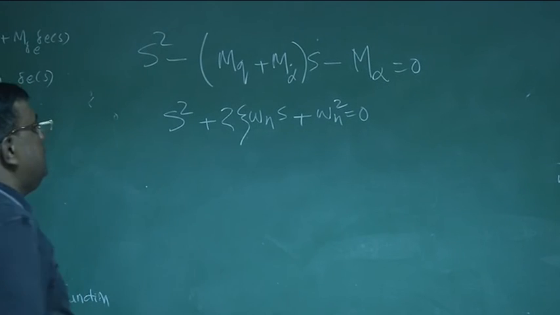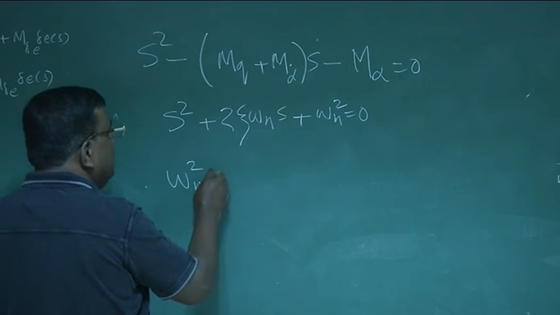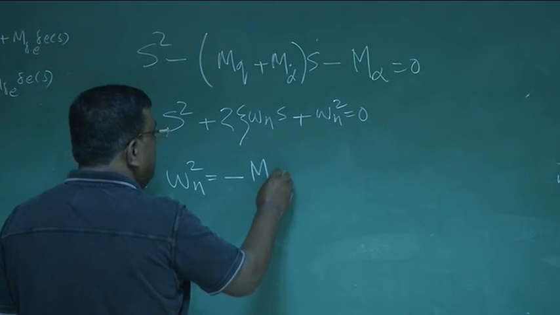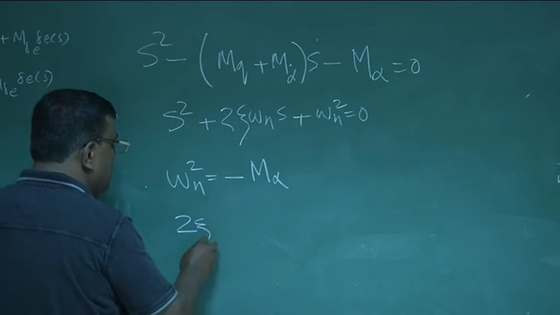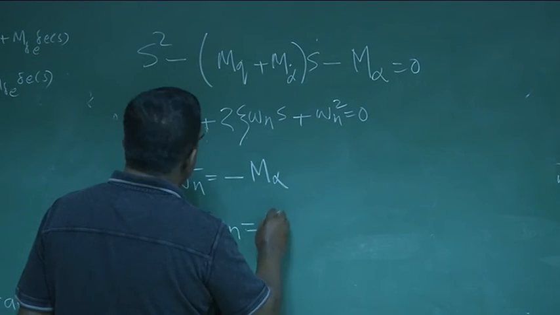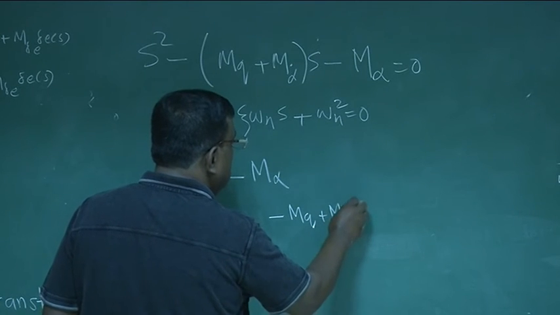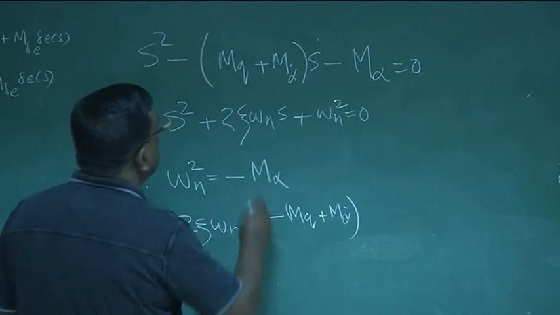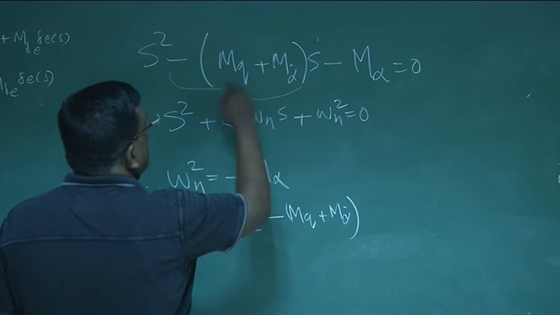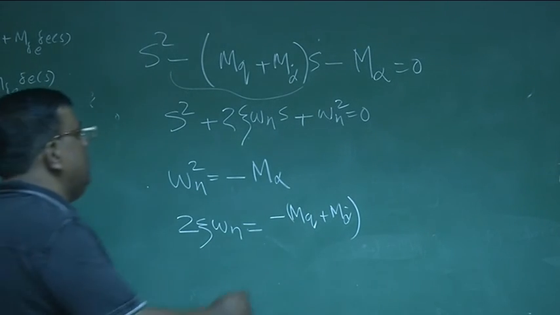If I compare, then I get omega n square is equal to minus M alpha and 2 zeta omega n equal to minus MQ plus M alpha dot, right, because this is 2 zeta omega n S. Okay?